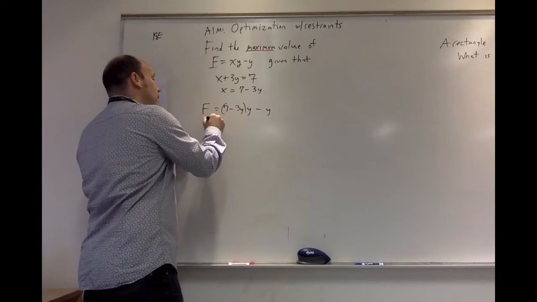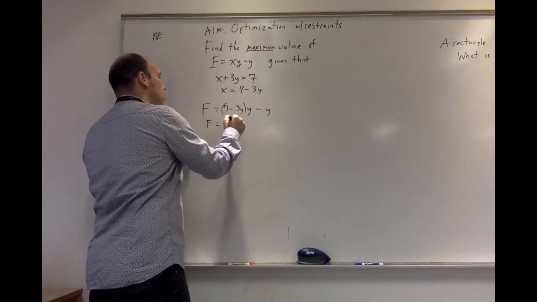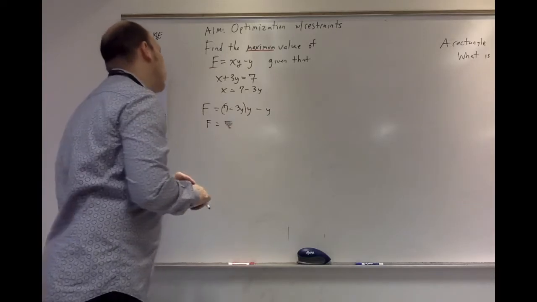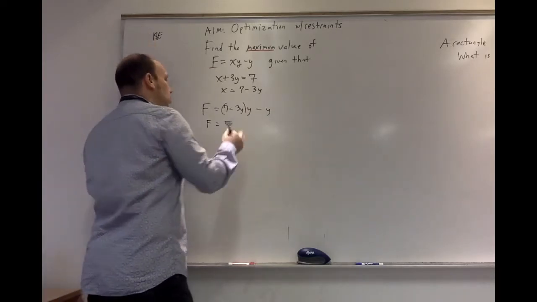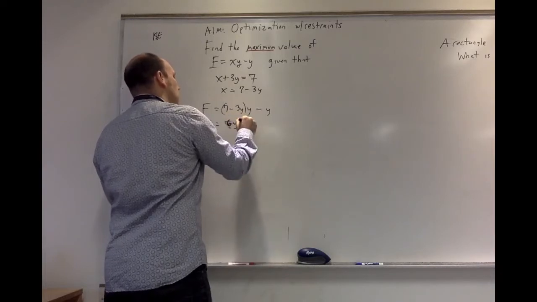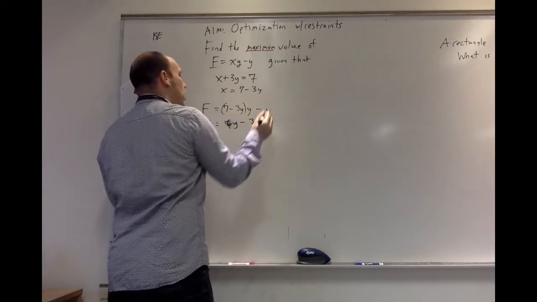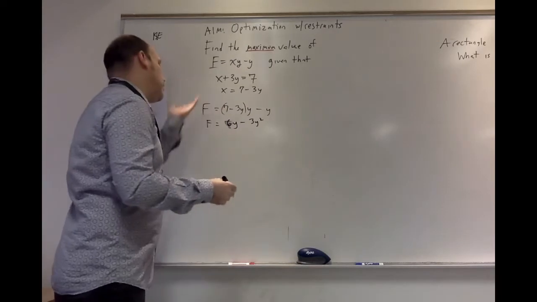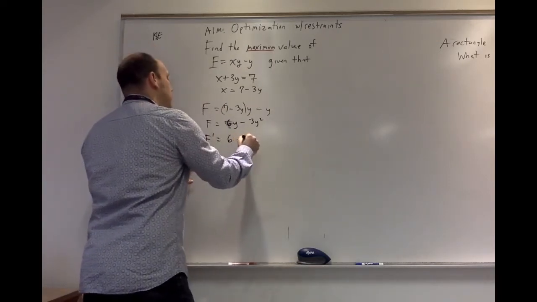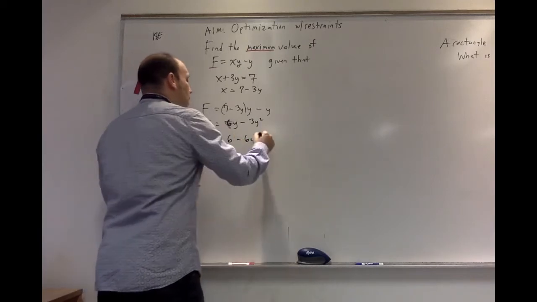Let's expand this out. We have 7 minus 3y times y, so it's going to be 6y minus 3y squared. And we want to find the maximum value. Let's take the derivative. So it's 6 minus 6y. Set it equal to 0.